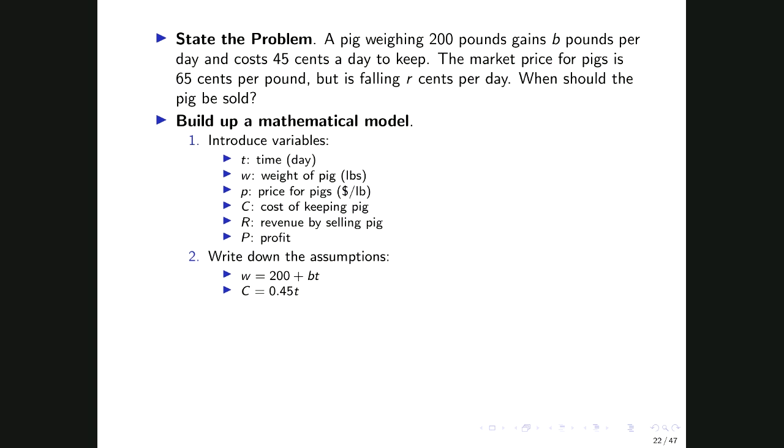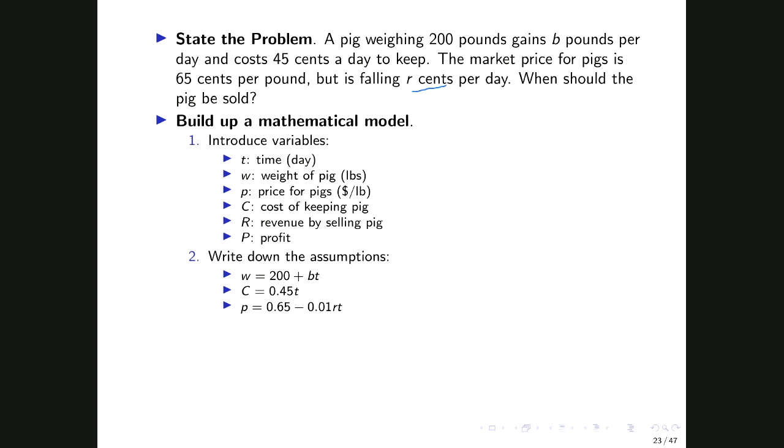Another assumption in the problem is the price for the pigs is 65 cents per pound, but it's falling r cents per day. In mathematics, this tells us the price P equals 0.65, 65 cents per pound, minus r cents per day, where 0.01 is converted from cents to dollars.